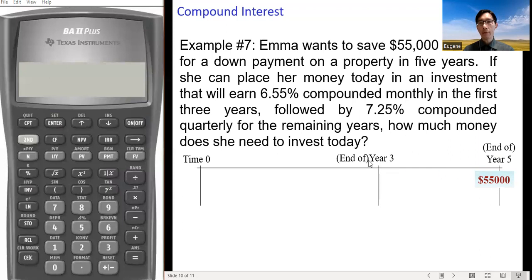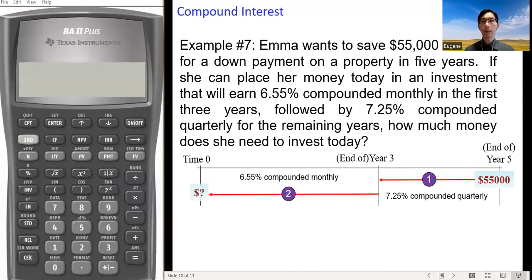Between the end of year 3 and the end of year 5, the interest rate is 7.25% compounded quarterly. From this, we will get the present value as of the end of year 3, and then move this amount of money back as of today's money. This is the amount she needs to invest today.